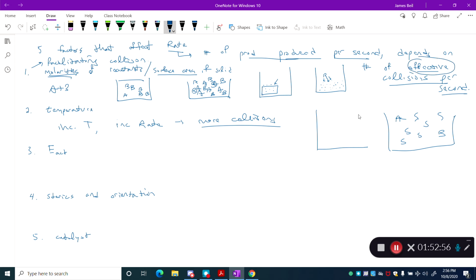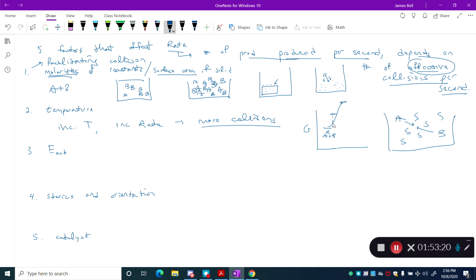What does it mean for collisions to be effective? Well, if A and B are moving real slow and they collide, if that collision doesn't have the energy to get to the transition state, if the collision only has maybe this much energy, I can't break the bonds. I can't do the reaction.